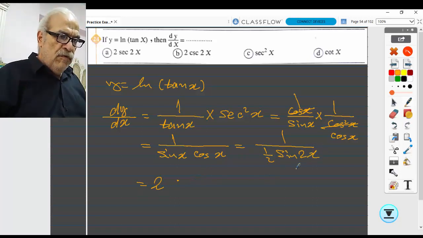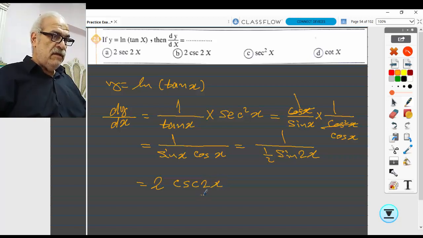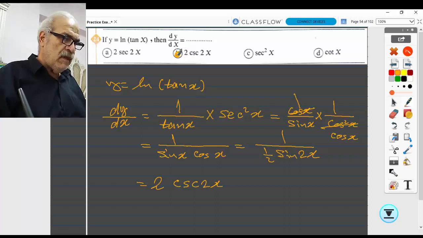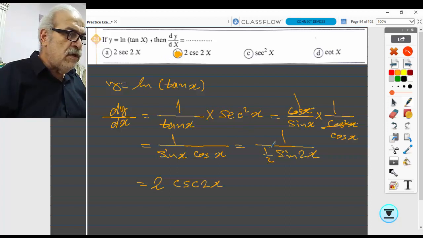So 1 over sine 2x is cosec 2x, and letter B is the solution: 2 cosec 2x. Okay.